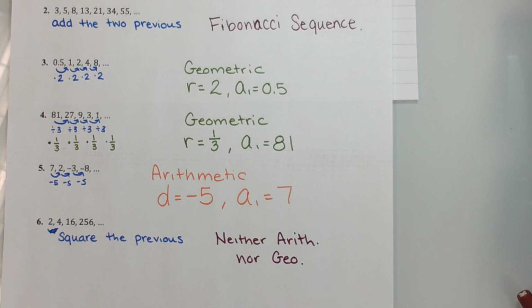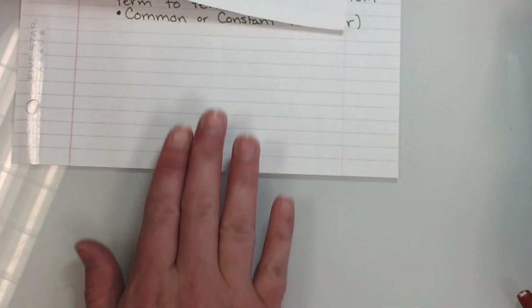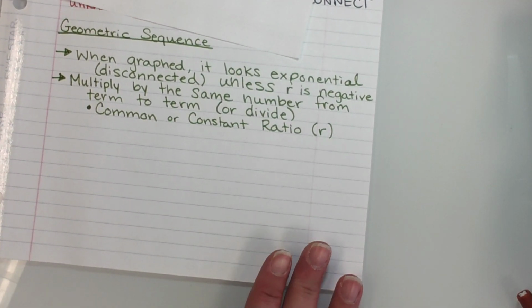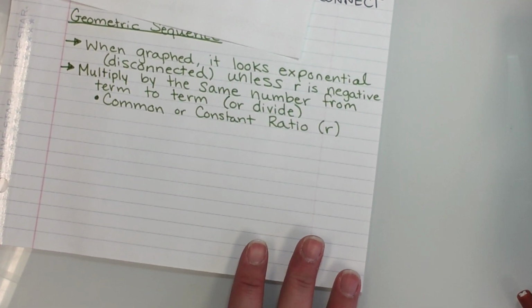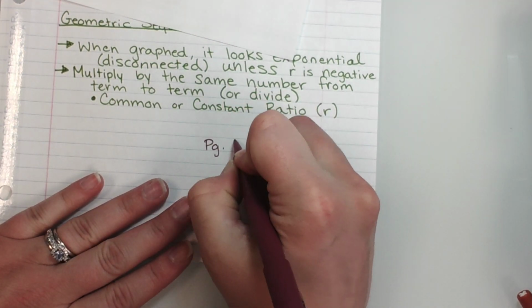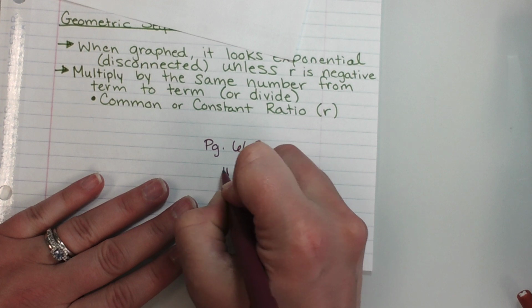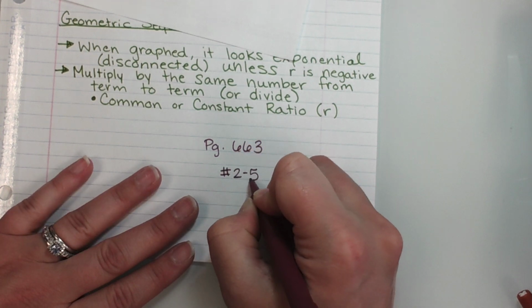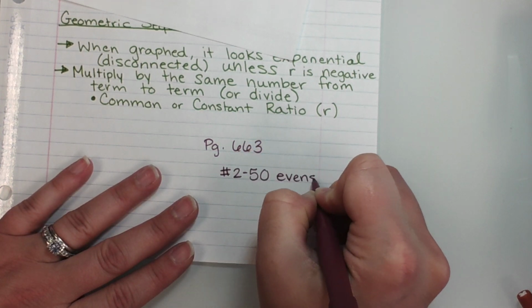It also says graph. We're going to skip the graphing. A lot of the problems are yes or no questions. So, we are on page 663. It is numbers 2 through 50, but the evens. Not all of them, the evens.